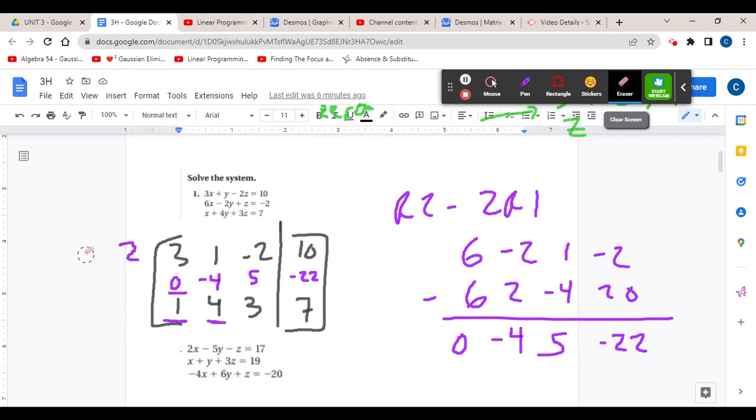Now we only have to make two more zeros. We have to make this 1 a 0 here, and we have to make this 4 a 0 there.